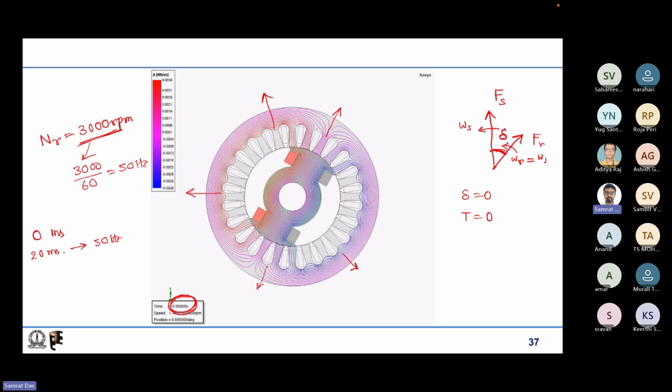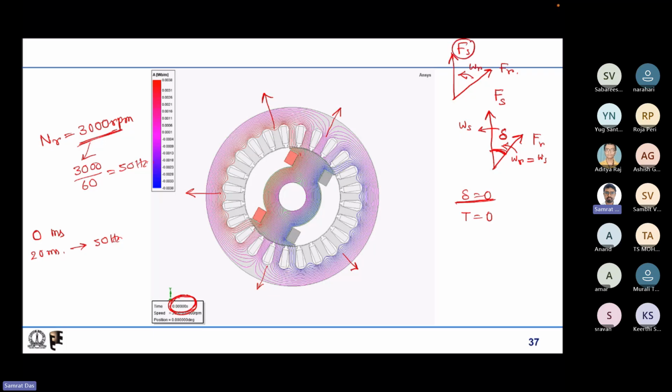And if delta increases to some positive value, then there will be a positive or negative torque based on which one leads and which one lags. Then we will have some motoring action or generating action. So the basic principle is, if we have two magnetic fields, say Fs and Fr, and the rotor is rotating anti-clockwise, then which one is leading?